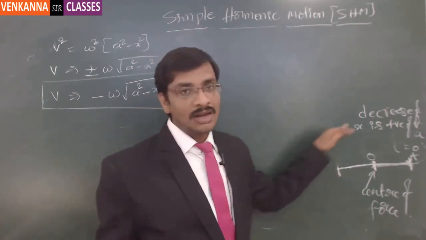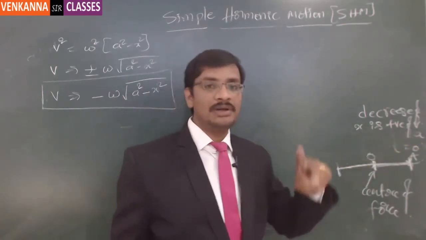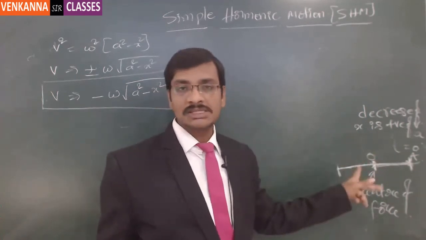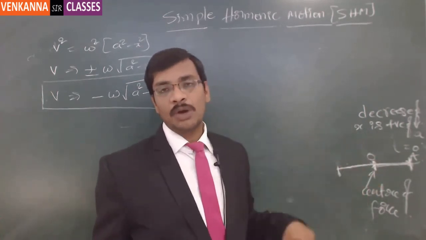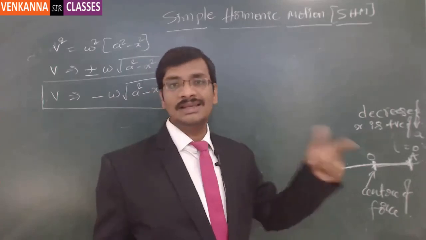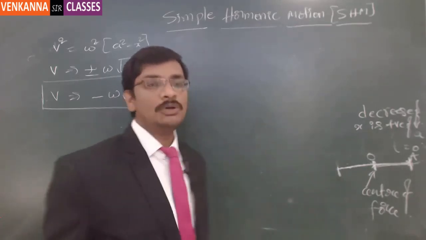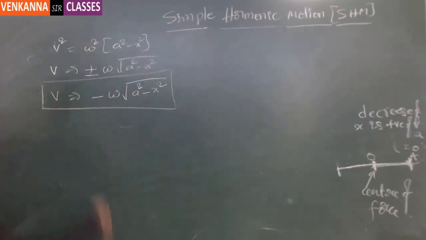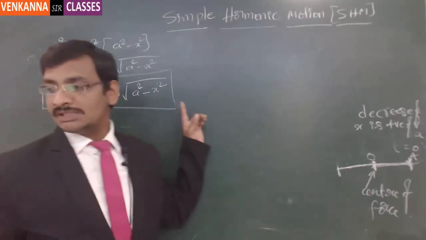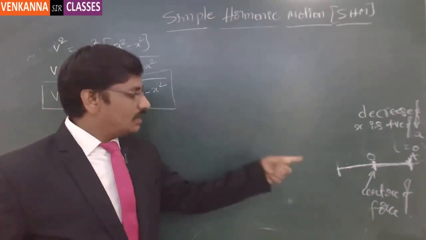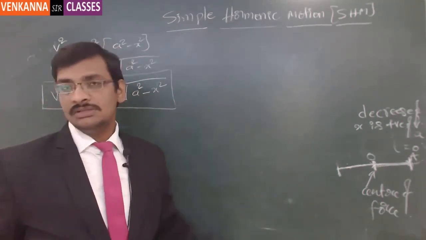Now the right side direction of the velocity should be treated as negative. That means the x decreasing direction is the positive direction of v and the x increasing direction is the negative direction of v. That means these two are always opposite to each other. That's why v has to be treated as minus omega square root of a square minus x square, and this equation is valid throughout the motion of the SHM.